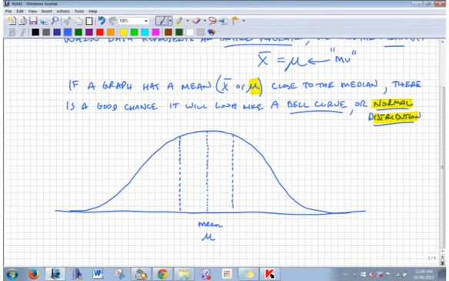On the other side is another dotted line. On the right-hand side, that one is called mu plus sigma. What was sigma again? That thing, standard deviation. That's what we did yesterday. On the left, we have mu minus a standard deviation.